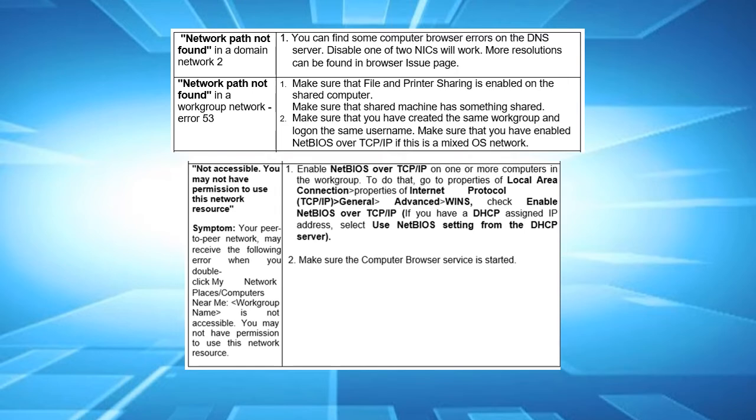If you have a DHCP-assigned IP address, select Use NetBIOS setting from the DHCP server. Then make sure the computer browser service is started for you to fix this network error.